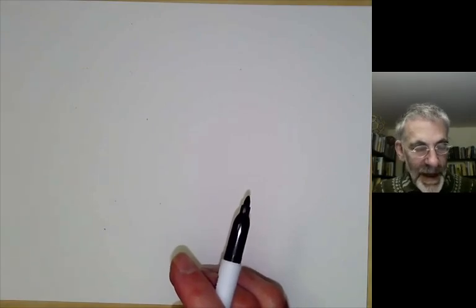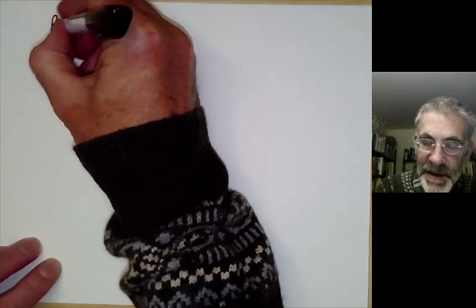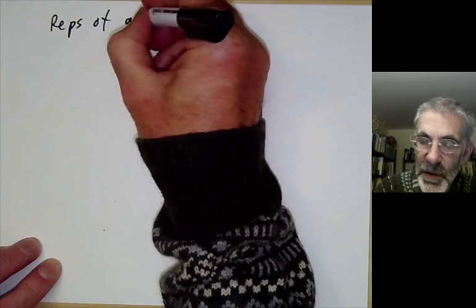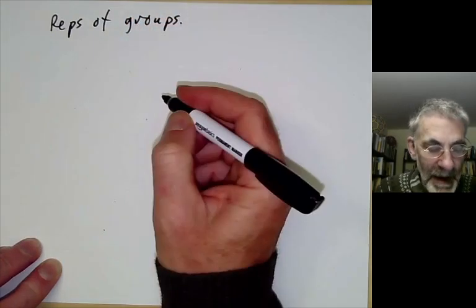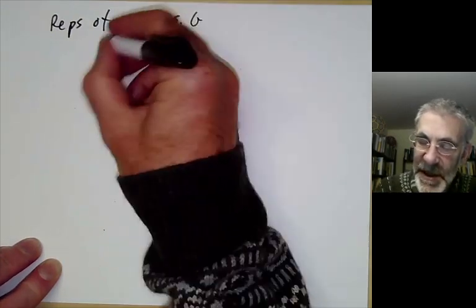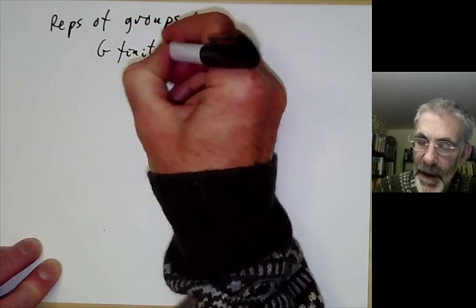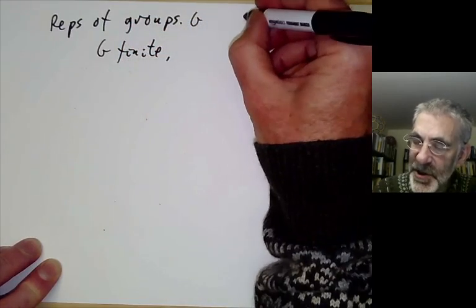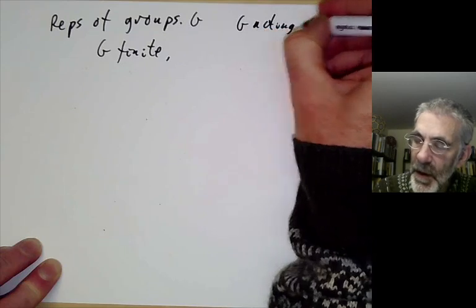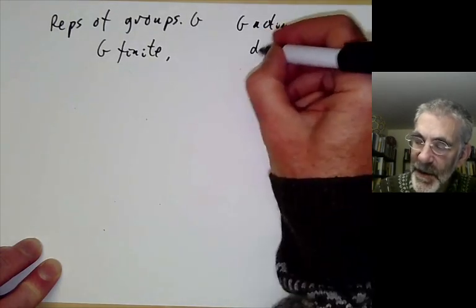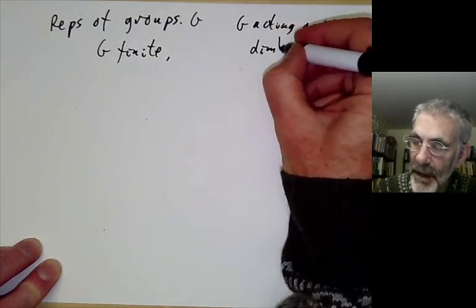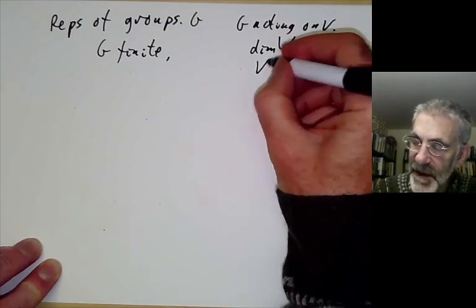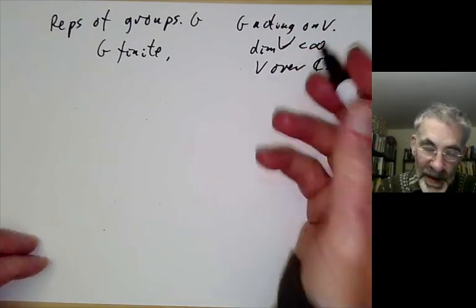So the next application is representations of groups. And for simplicity, let's take G to be finite, and a representation is going to be G acting on a vector space V, and we'll take the dimension of V to be less than infinity, and V is going to be over the complex numbers.